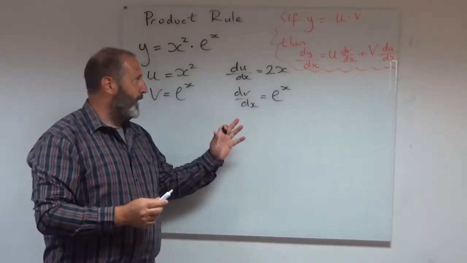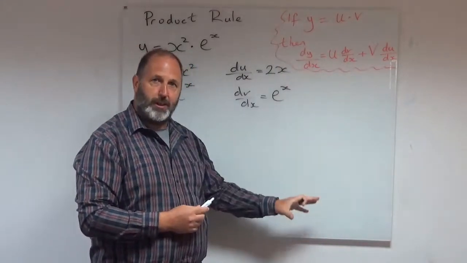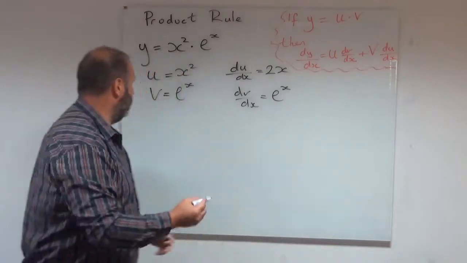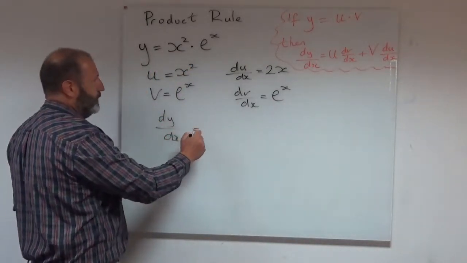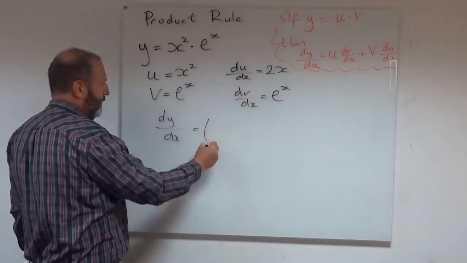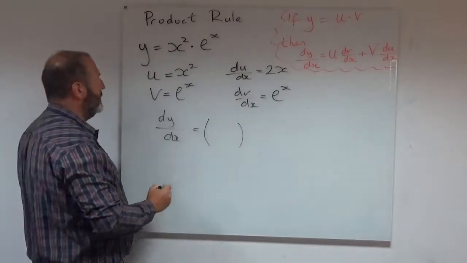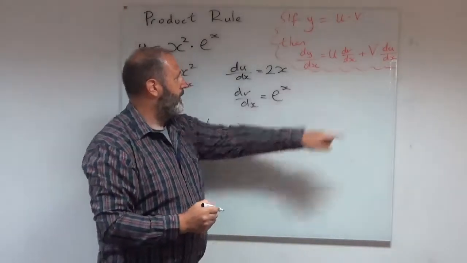All of it. We have to put it into this formula and maybe see if we can tidy up, but all the work is done, all the calculus is finished. Okay, let's have a look. dy/dx equals. So now I'm going to use this formula. I'm going to have u, I'll perhaps put it in brackets. So u is x squared. And I want to multiply that by dv/dx.